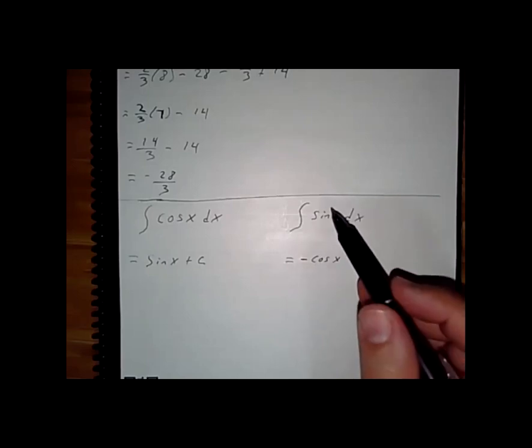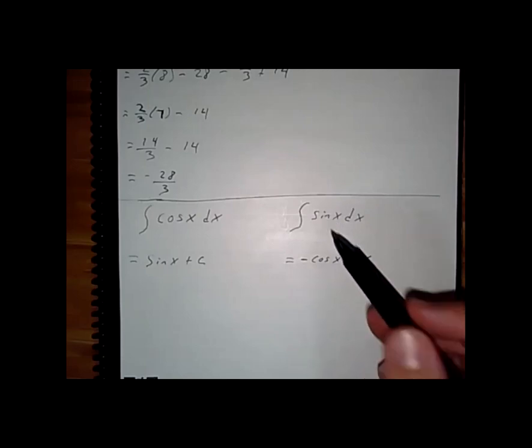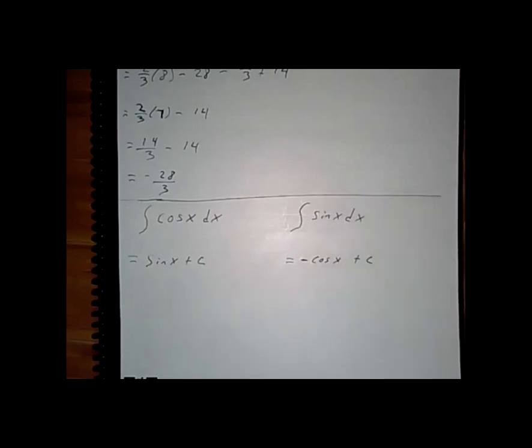So this derivative would get me a sine. So these you kind of have to remember or have the list. So have the list of all the derivatives. That way you can just look backwards, because that's what you're doing. You're undoing the derivative.